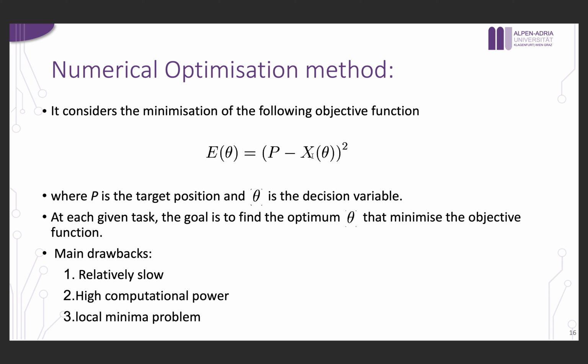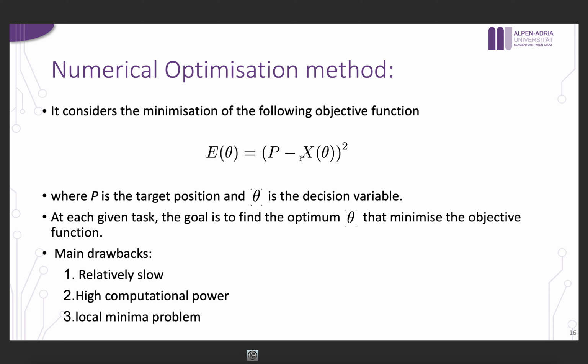So as an optimization, I always have the objective function or the cost function, which is the difference between the target position and the output of the forward kinematic, which is the actual position. And the goal, of course, is to find the optimum theta or set of thetas that would reduce that cost and eventually bring it to zero.